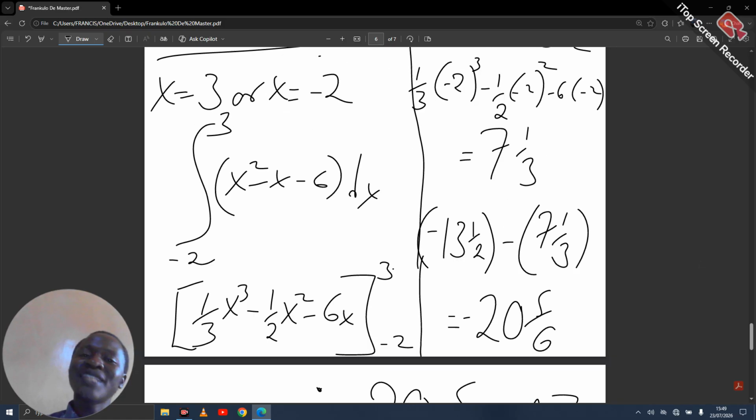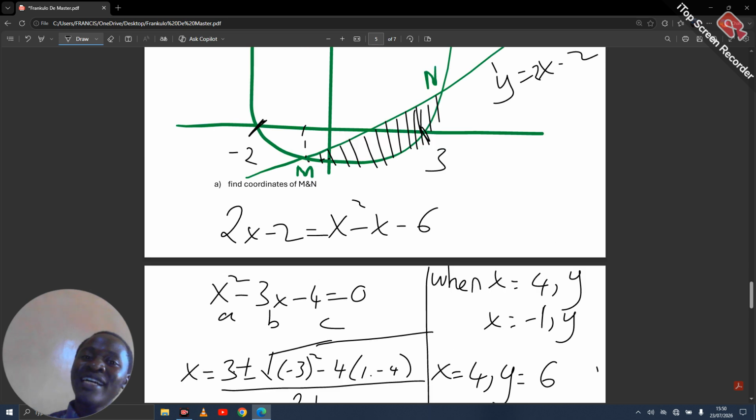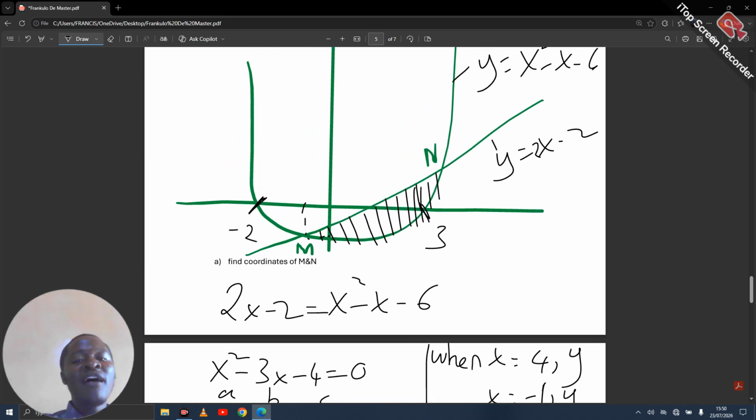Now, guys, come back here. Come back and see something here. Remember, from where to where are you integrating? Or which boundary are you integrating?